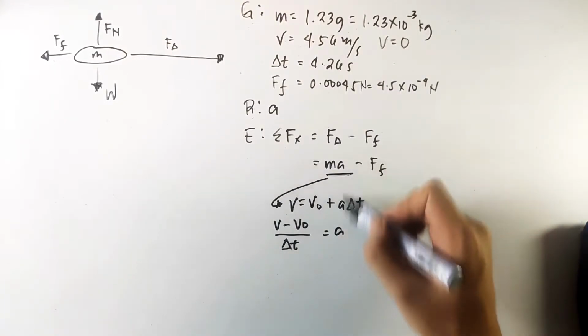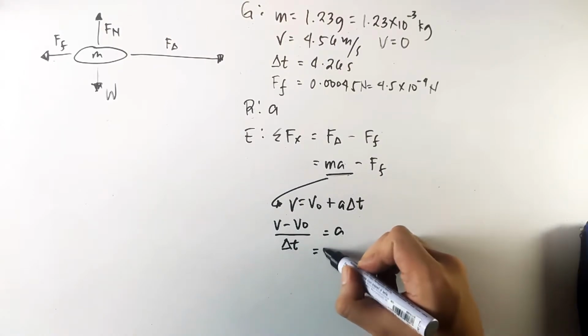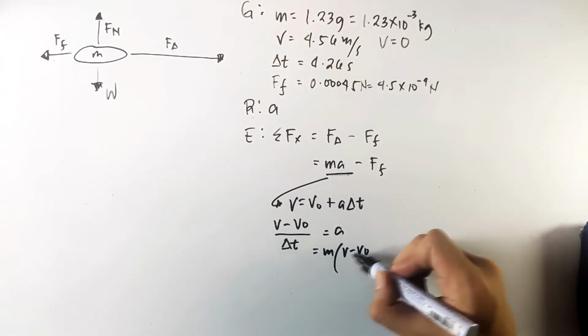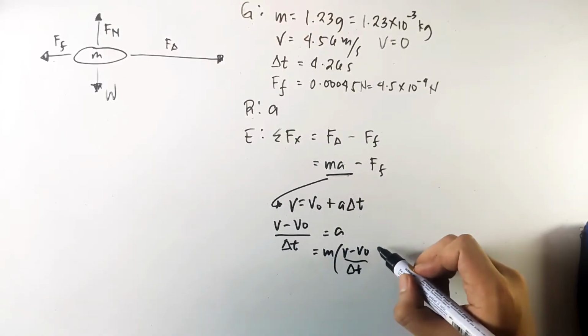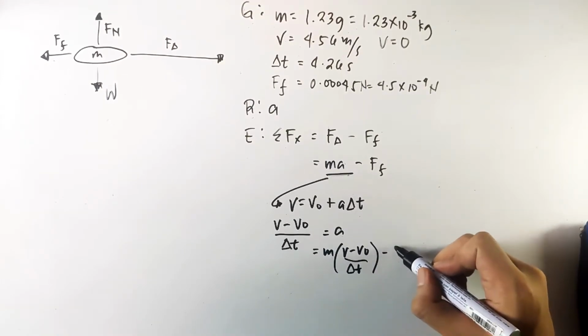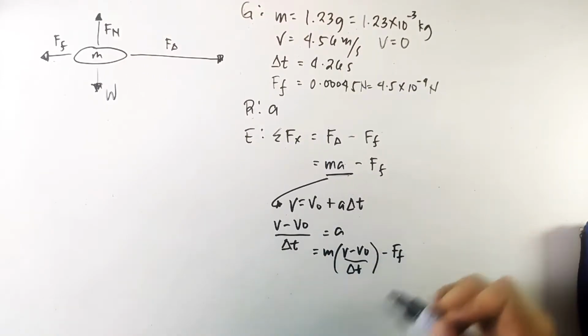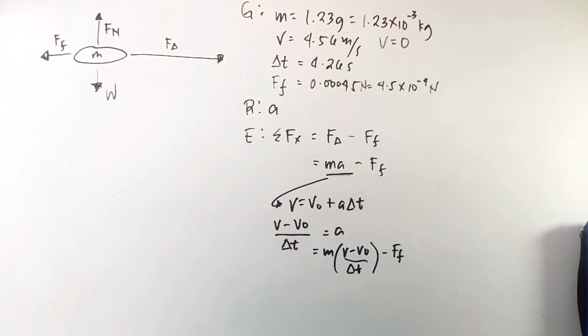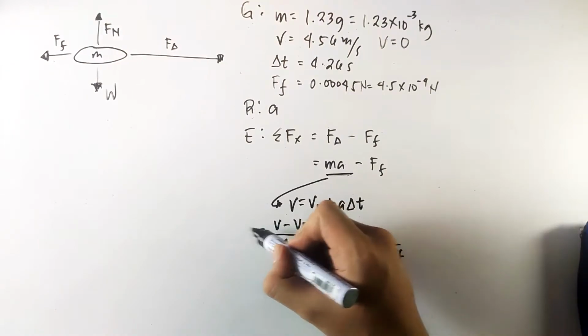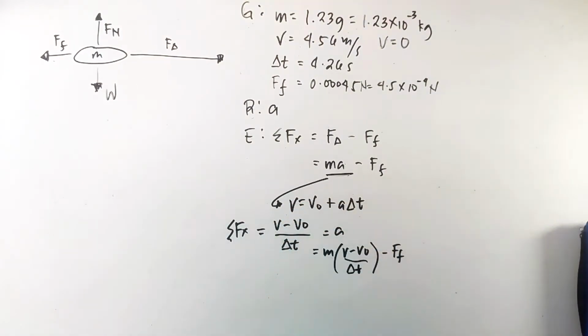Then replace the a here, which will become m times (v minus v sub 0) over delta t, correct, minus the kinetic friction. So this will be your summation of forces on the x-axis. Got that?